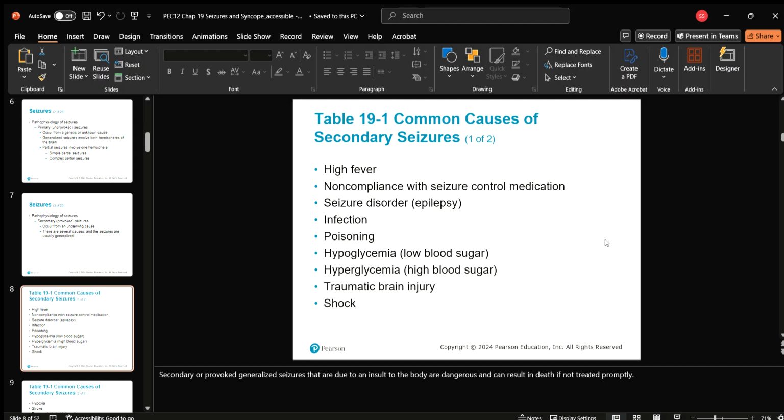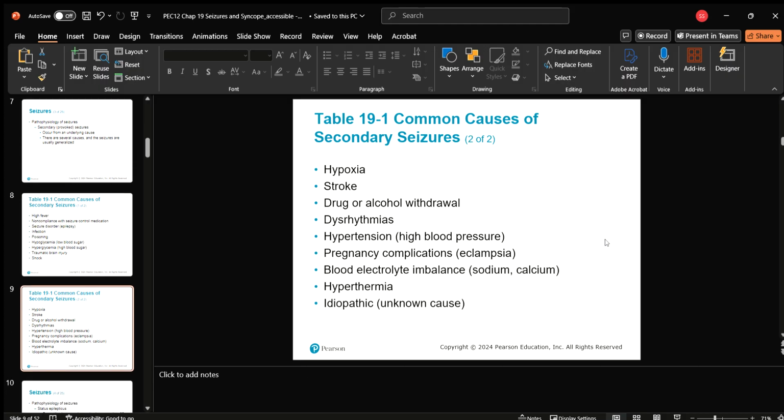Could somebody shut the door, please? Like I said, sepsis, so infection, poisoning, hyperglycemia, TBIs are another reason for seizures, and shock. I'm not going to go through all these reasons, but I just talked about some of them. Hypertension, eclampsia in pregnancy. When does preeclampsia become eclampsia? After the seizure.